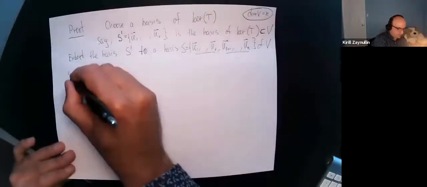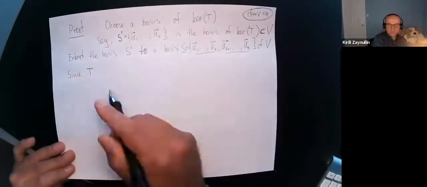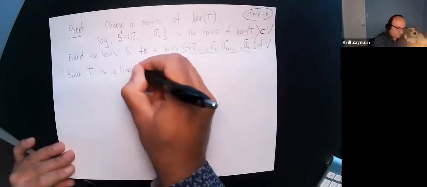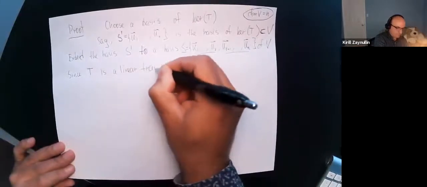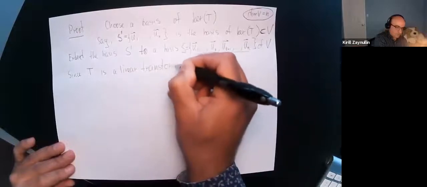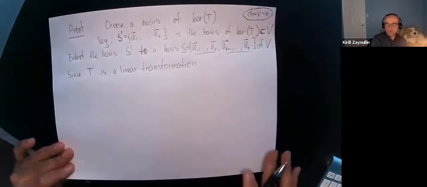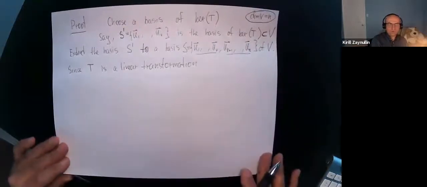Now, since T is a linear transformation, it satisfies several standard properties. We all know those properties.